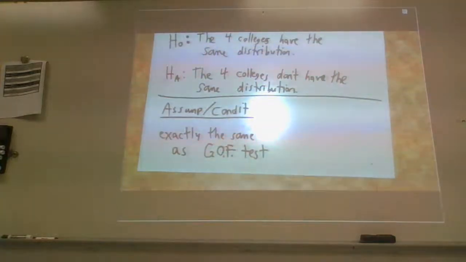You have to have counted data, randomness in selecting these people, which, yes, it was assumed based on the question that I read. Independence amongst the college that the student went into, or independence among the decisions made postgraduate. The 10% condition obviously has to be hit. And the expected count in each cell has to be greater than or equal to 5.